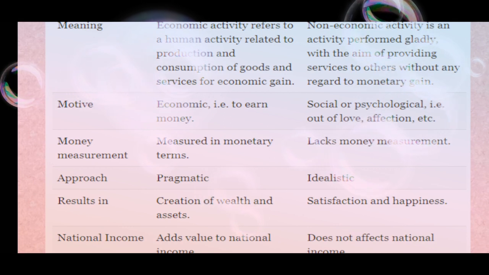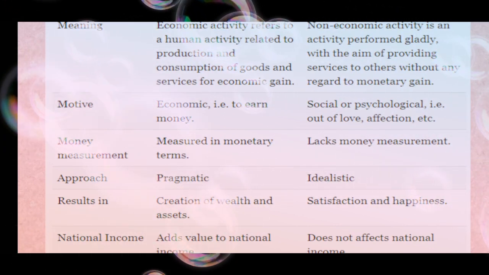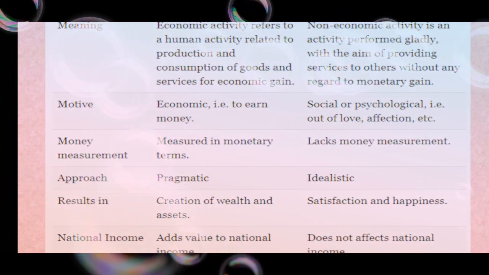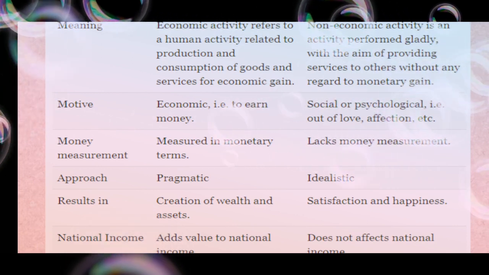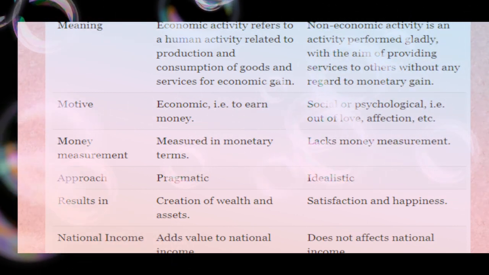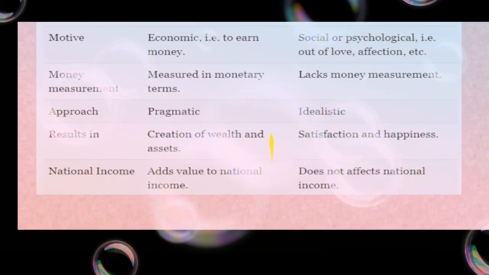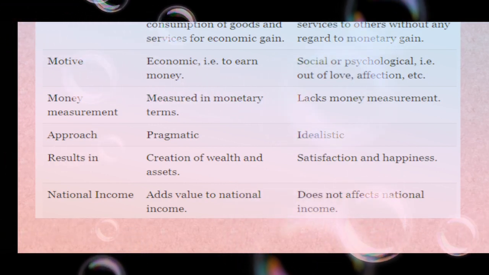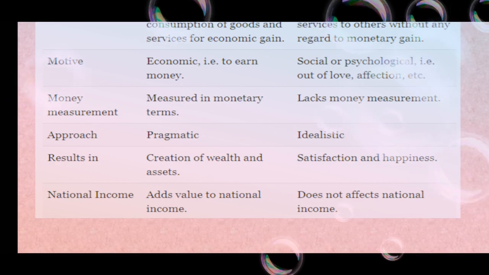When you do an economic activity, it results in creation of wealth as well as assets, whereas in a non-economic activity, it will result in the satisfaction and happiness of the person who does it. Economic activity adds value to the national income, whereas a non-economic activity does not affect the national income.